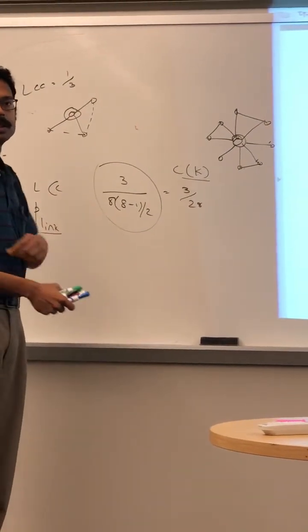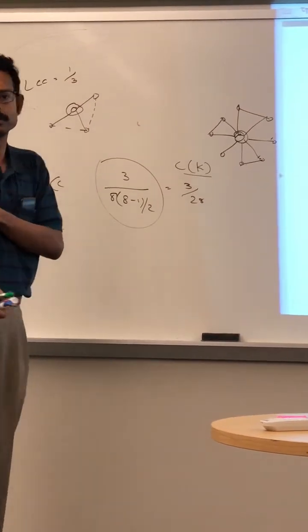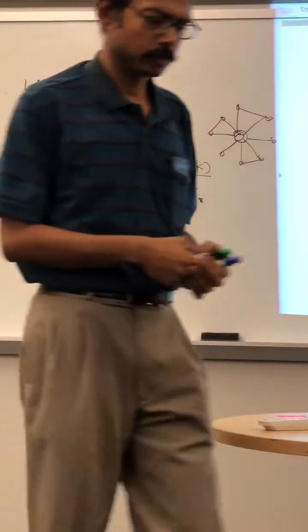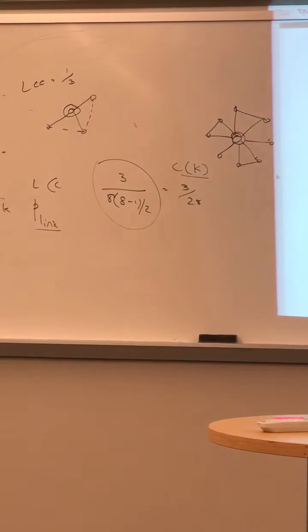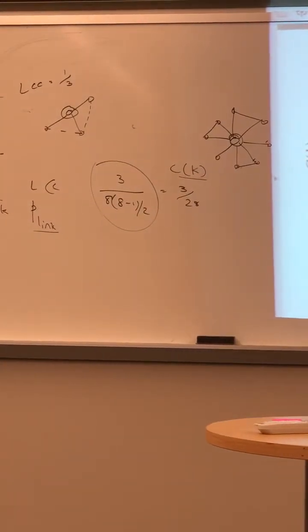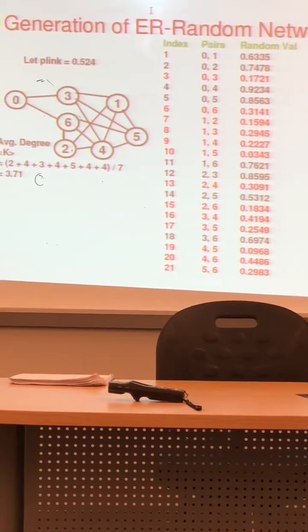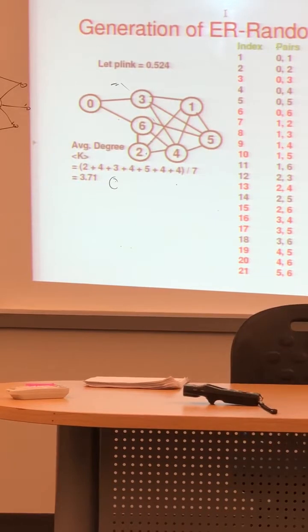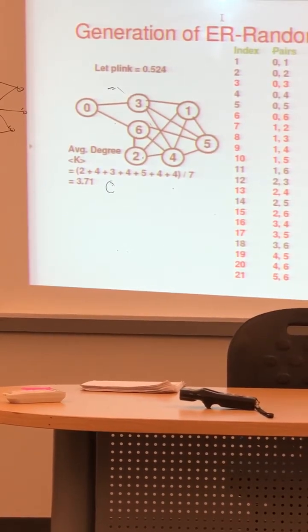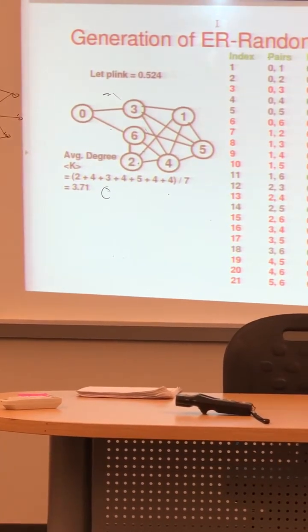I just thought in the previous slide, the n minus 1 divided by 2 was n being the total number of nodes. Oh, you mean that. It depends on which formula. If you find local clustering coefficient, this is for a particular node, so there you count the number of neighbors of that node.